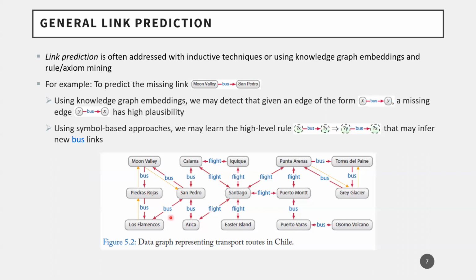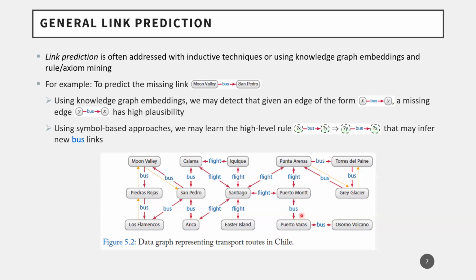I can explain it from this figure. If we consider the bus links, we learn from the data graph. If there's a bus link from Puerto Varas to Puerto Montt, there's a bus link back from Puerto Montt to Puerto Varas, and it's similar for the bus link between Puerto Varas and Osorno Volcano.